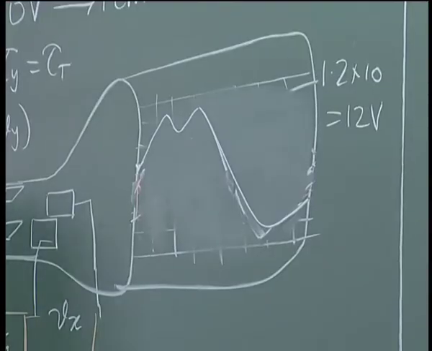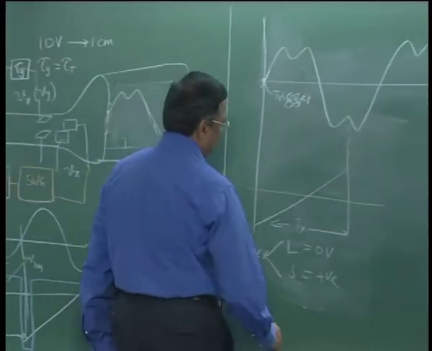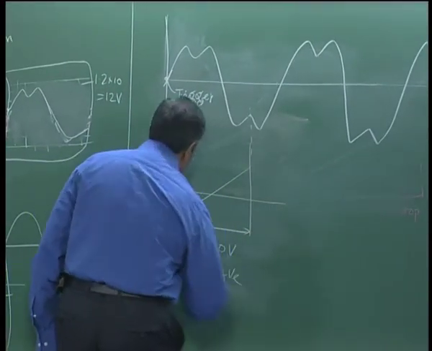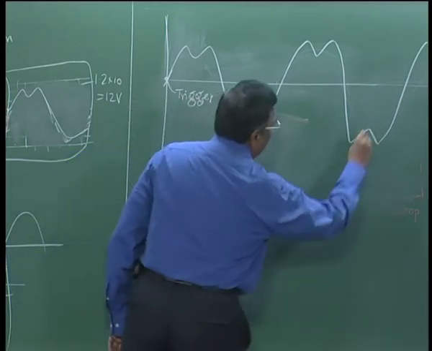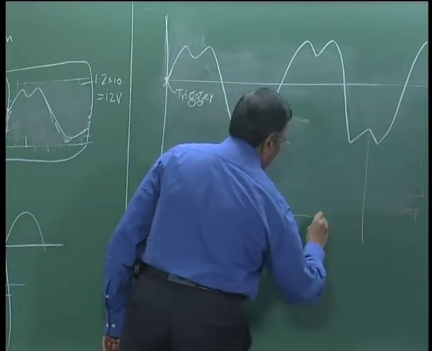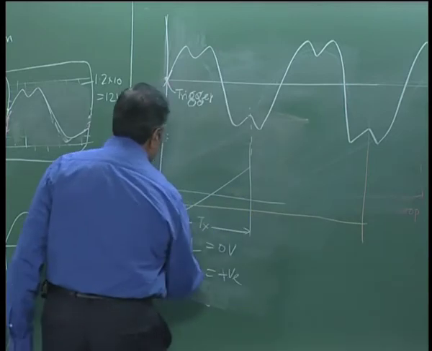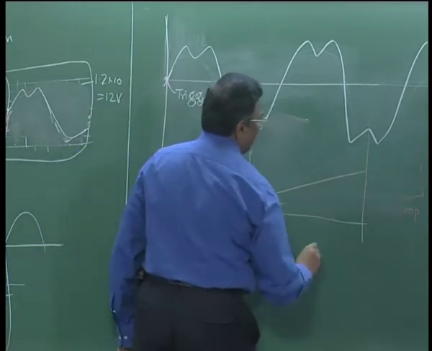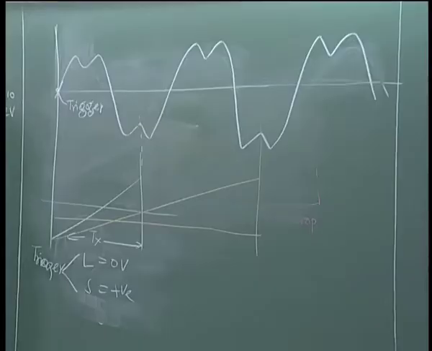Now, let me say I make it double, right. I make my Tx, I will use another color, I make the sawtooth span up to that, right.